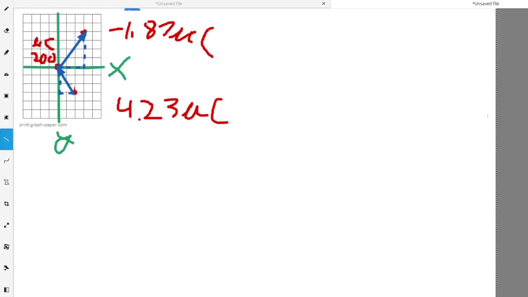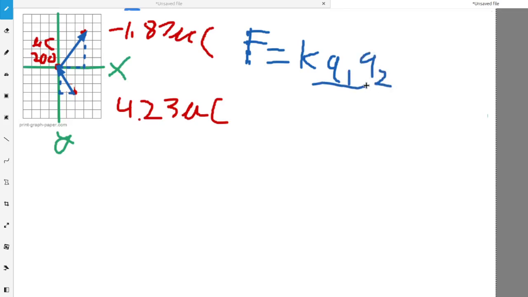So we start out with our Coulomb force law. F equals k Q1 Q2 over r squared in the r hat direction.